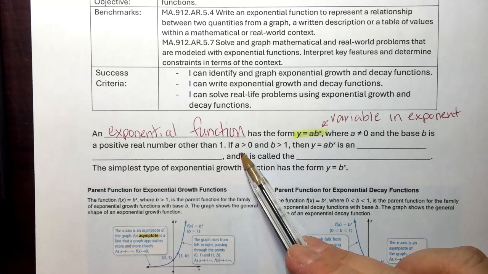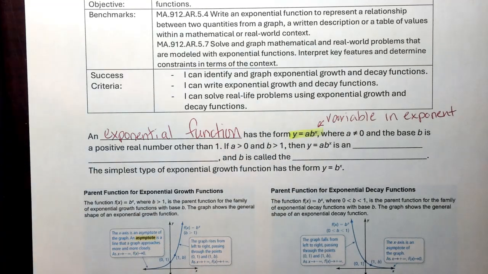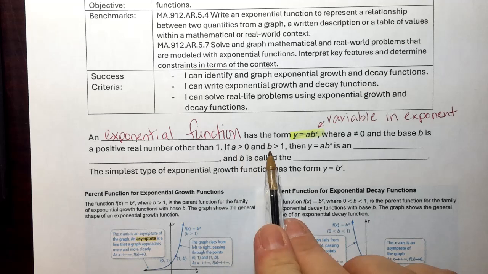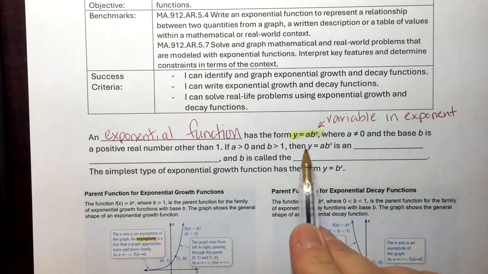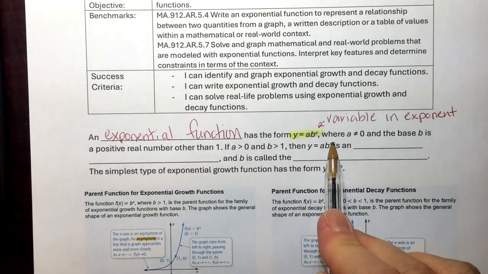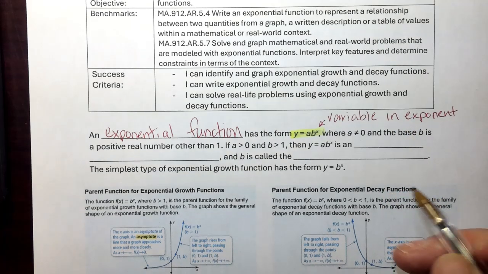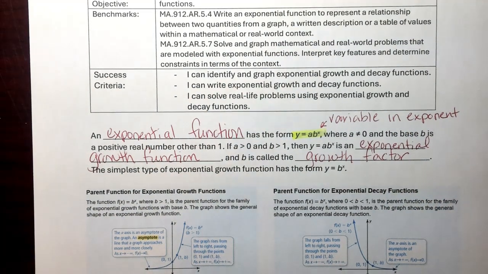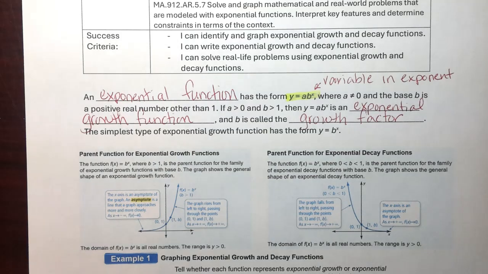And if your a amount is greater than 0 and your b is greater than 1, then y equals a times b to the x power is an exponential growth function. And the b part is called the growth factor. That is going to tell us how the exponential function is growing.